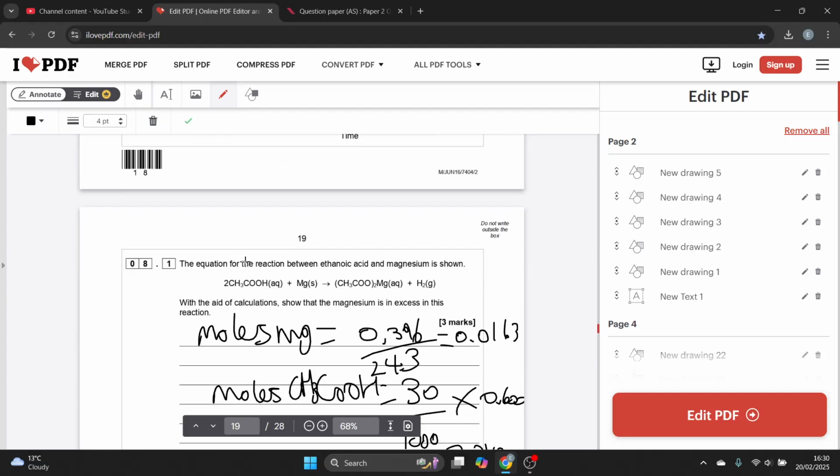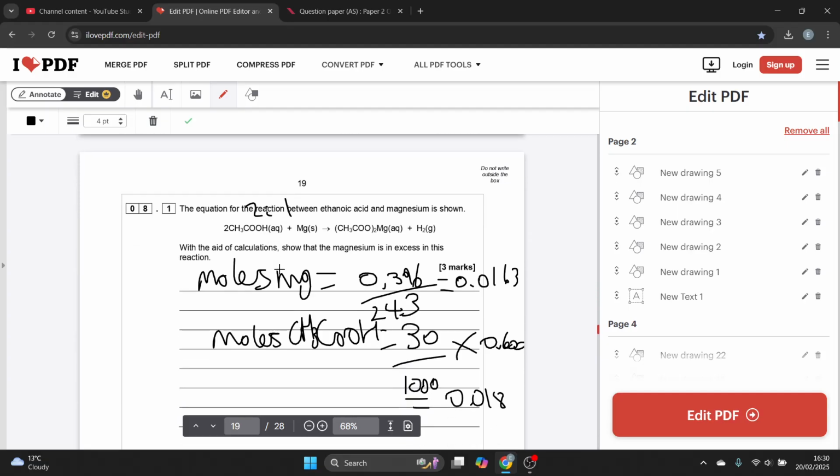I can see it's a 2-to-1 mole ratio. Therefore, the moles of magnesium reacting should be 0.018 divided by 2.